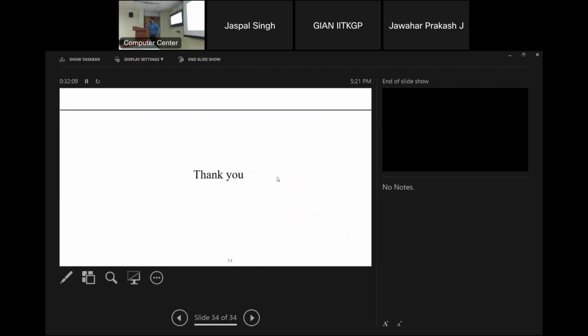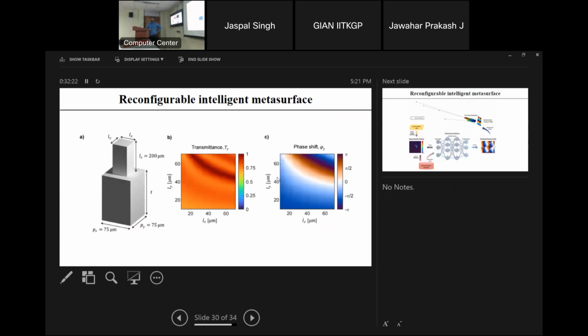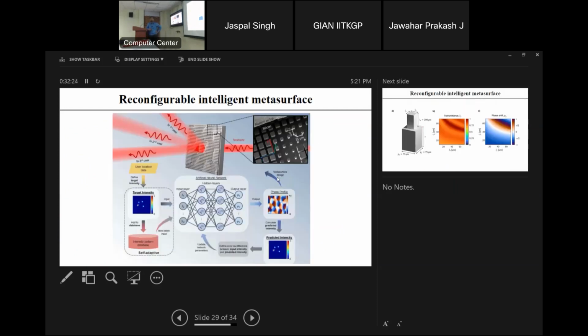Thank you for a very nice question. The metasurface that I used is different from normal material. It's a cube of silicon with different LX and LY. So a metasurface, as the name suggests, is an engineered material.